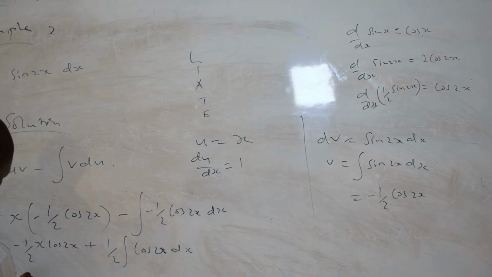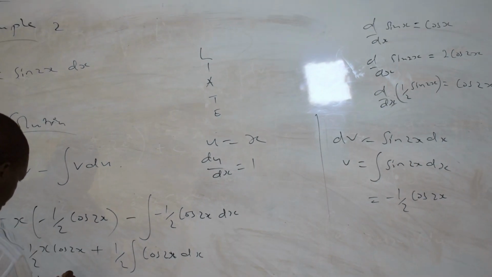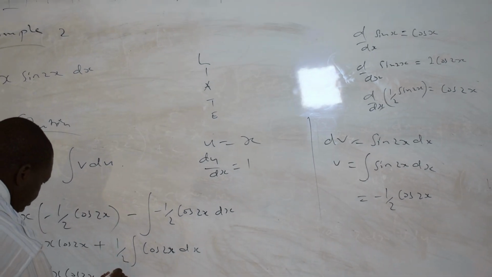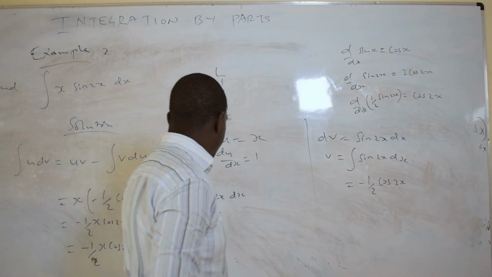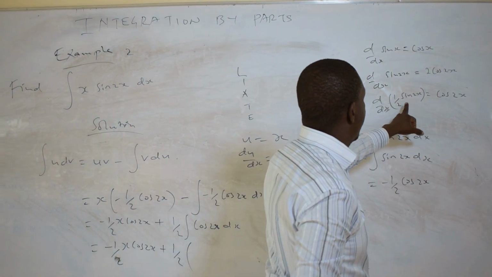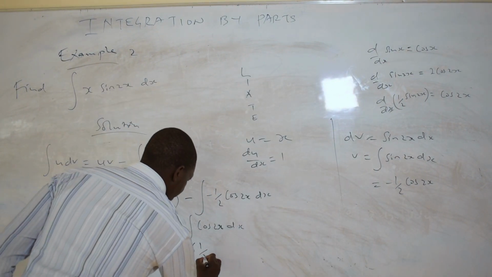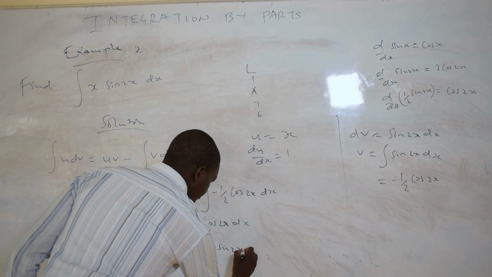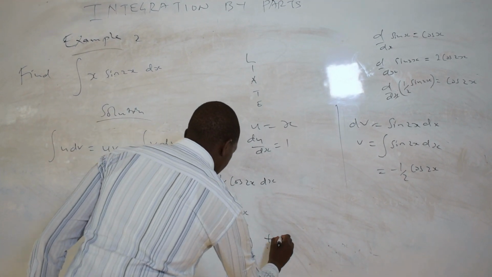So we have this equal to minus 1 over 2 x cos of 2x plus a half, in bracket, the integral of cos of 2x dx, which is a half sine 2x, plus the constant term c.